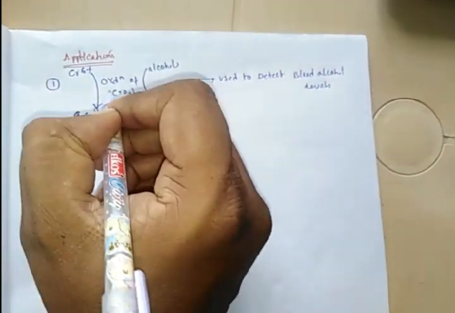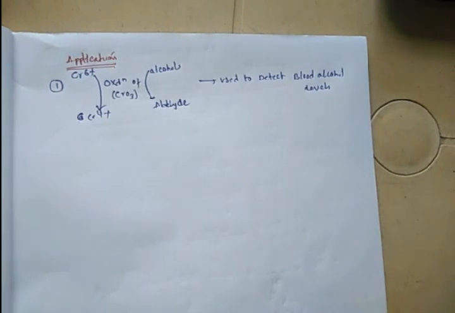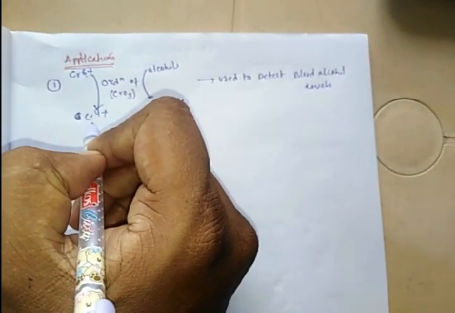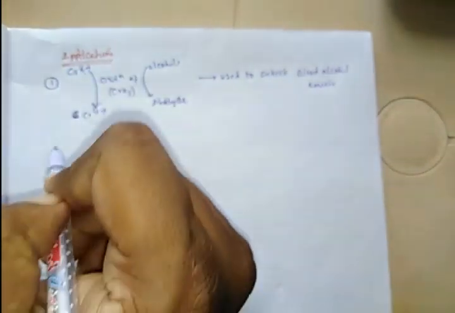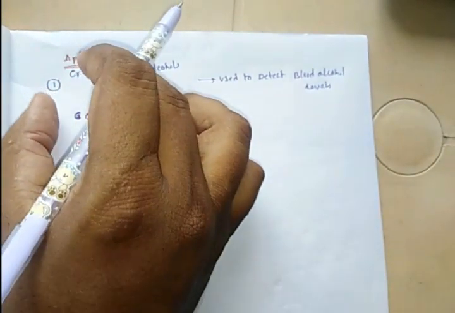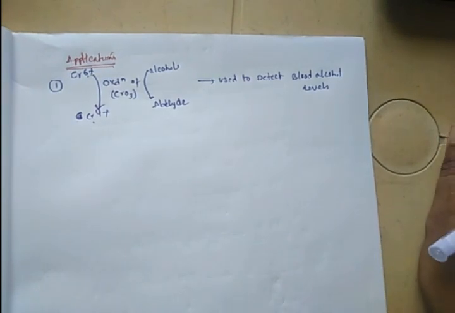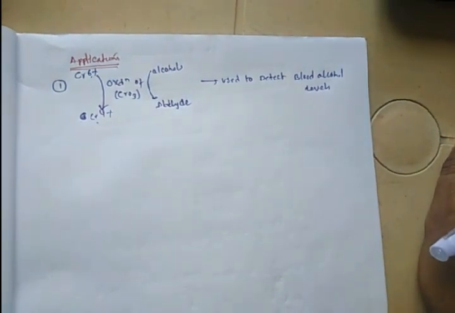The alcohol will be oxidized to the aldehyde, and the oxidizing reagent, the chromium reagent, will be reduced. So the oxidation number of chromium here is 6+, but here it is 4+. This reduction of the chromium metal is used for detection of alcohol in the blood.